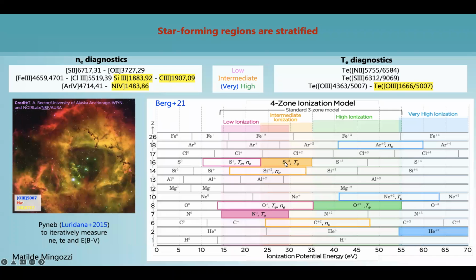Then moving towards intermediate ionization, for the temperature you can use the sulfur 3, and for the densities, for example, the chlorine 3. Then moving towards higher ionization, you can start to have the argon 4, so different emission lines, and the oxygen 3 for measuring the temperature, etc. So what we did was to measure density and temperature coherently and iteratively using PyNeb, and then calculate the metallicity starting from the density and temperature.